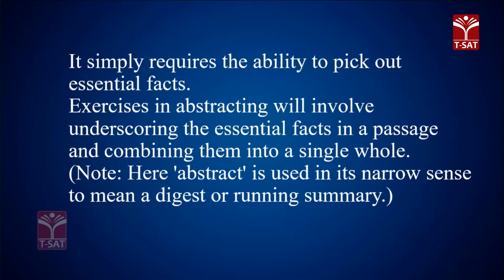Precis writing is all about picking out essential facts. Exercises in abstracting will involve underscoring the essential facts in a passage and combining them into a single whole. So, that is how we have to go about Precis writing.